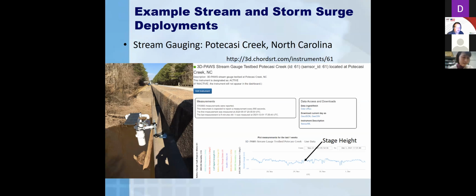If you look at the web link above, this is the link to the real-time data for this station here in North Carolina. And then we provide a variety of observations. What I'm showing in that time series example at the bottom is the time series of stream gauge stage height. All this data is collected and made available in real time as an open data collection.